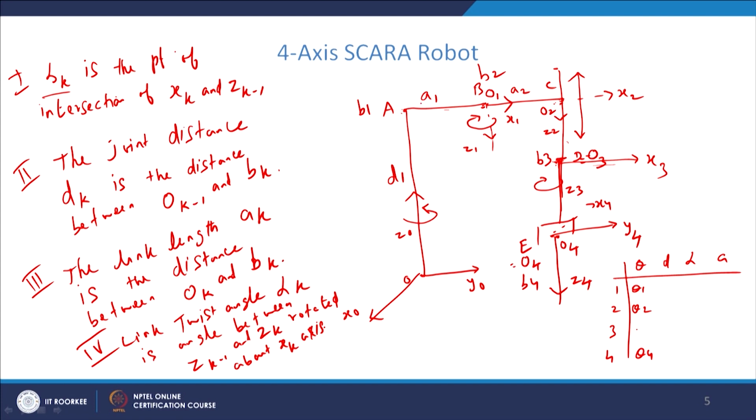The first one is D1, that is OA, as shown here. D2 is 0 according to this rule, and D3 is the length CD, and D4 is given by DE.